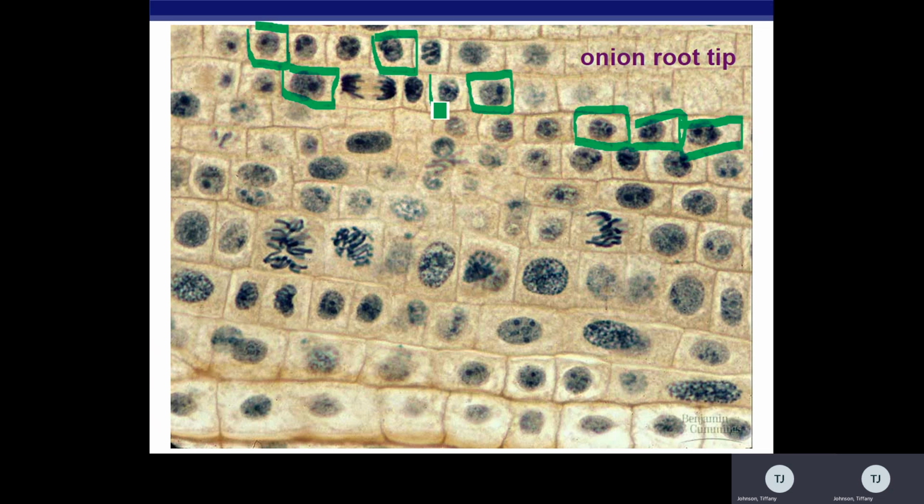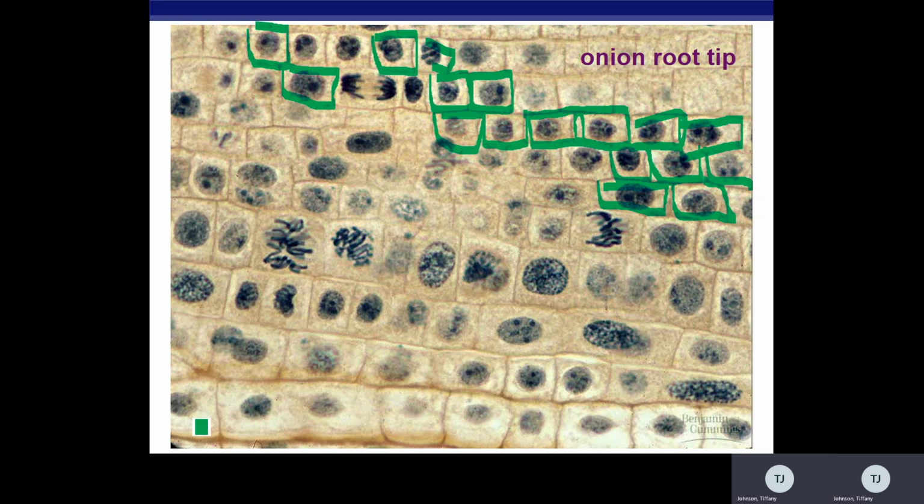So when you're looking at cells, more times than not, you're looking at it while it's in, guess what? Interphase. So all of these here are going to be interphase, right? Does that kind of make sense? All of these are interphase. All of these are interphase.